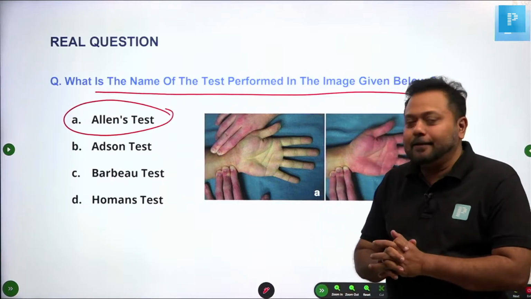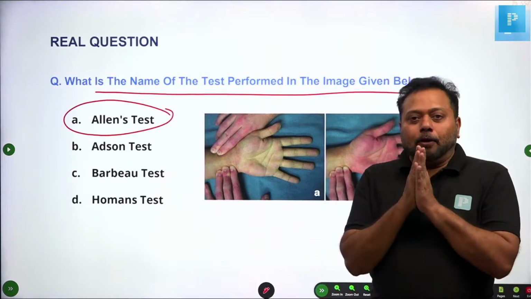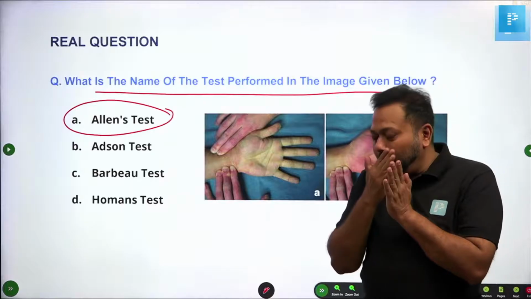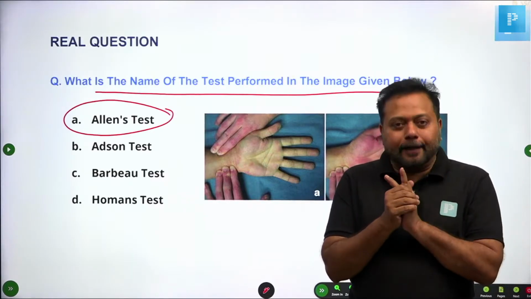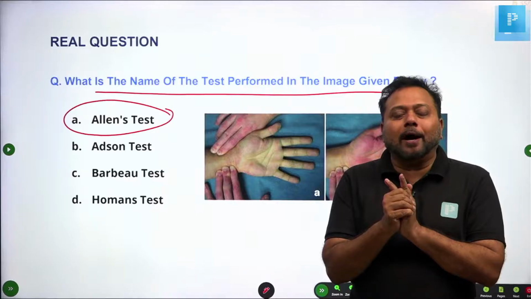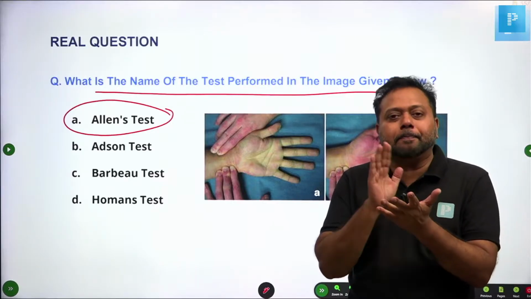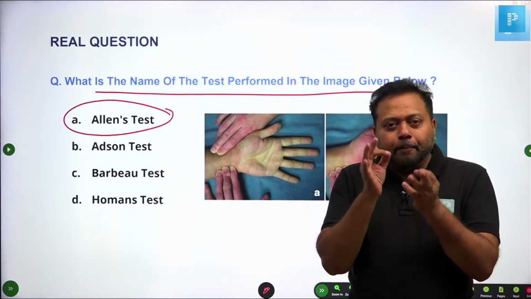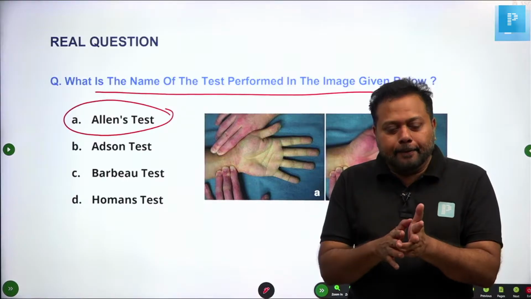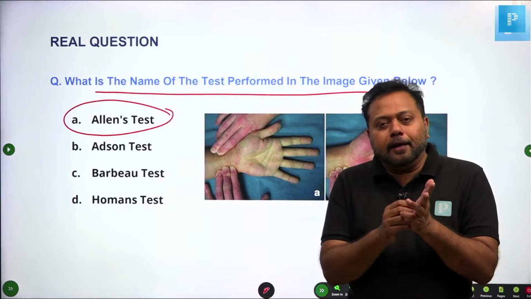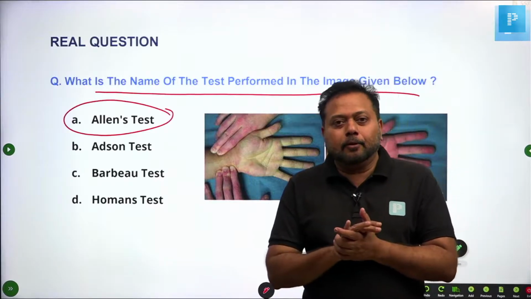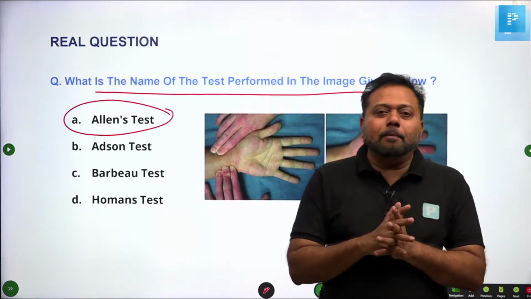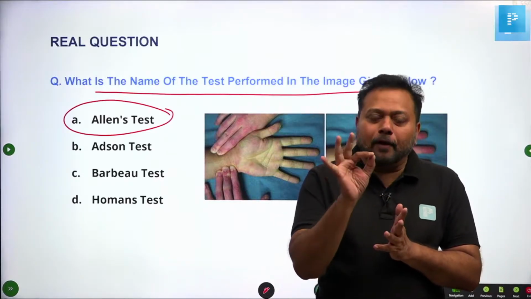Now, please focus your fullest attention. Now we are going to discuss the two important tests that are available to assess deep palmar arch patency. The deep palmar arch is formed by the radial artery and the deep branch of the ulnar artery.